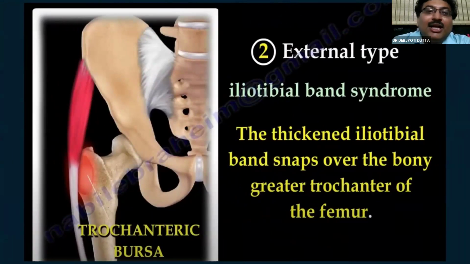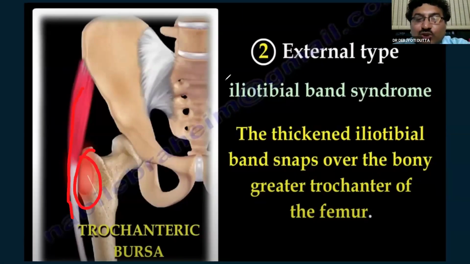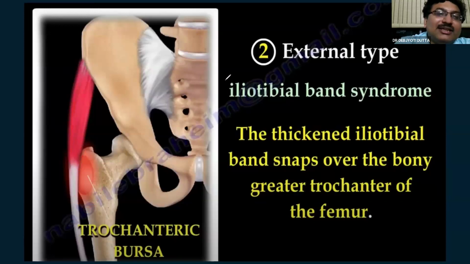But here, in the upper iliotibial band syndrome, this portion of the iliotibial band is actually scratching over the greater trochanter, and that is causing pain there, and again it is causing the snapping. This is known as the external type snapping hip syndrome. So the pathology and clinical finding are the same, but here the pain will be at the external side.